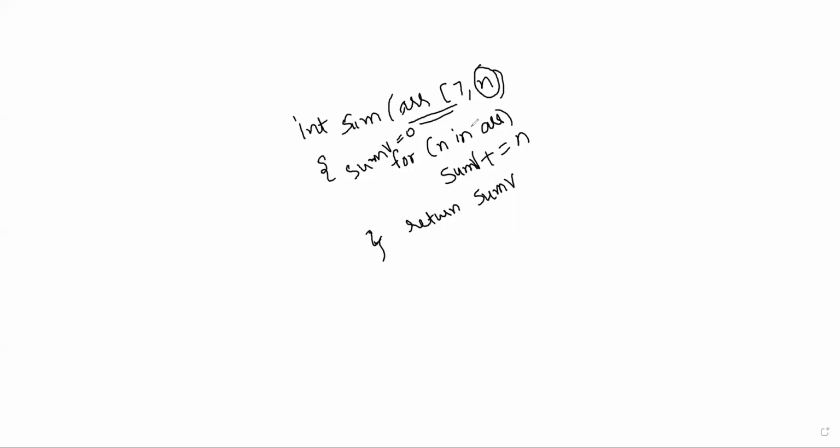This n tells you the size; let me make it n1. I'm just iterating over the array, having a sum, and returning the sum. What is the space complexity of this? If you want, I can take this off. This is not required. Tell me what is the space complexity?